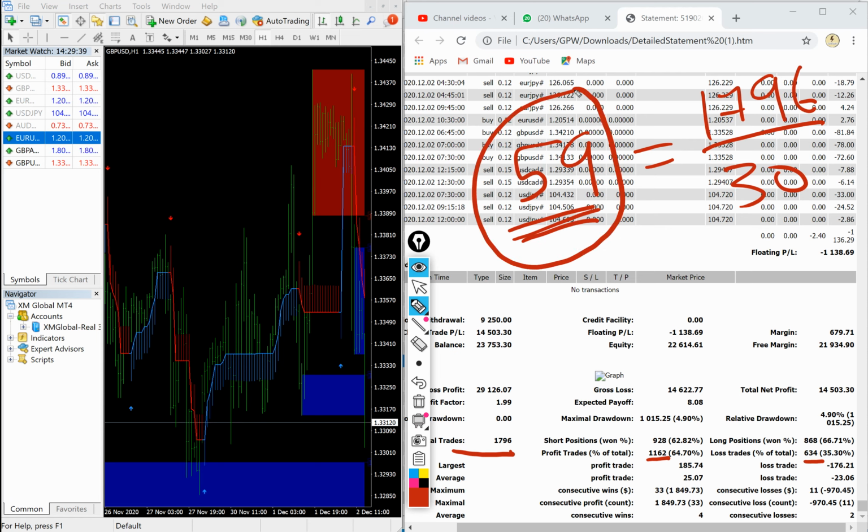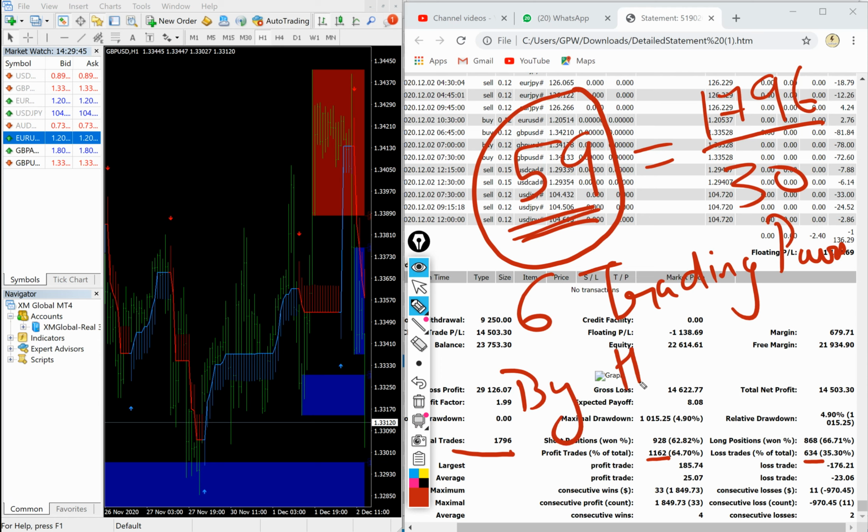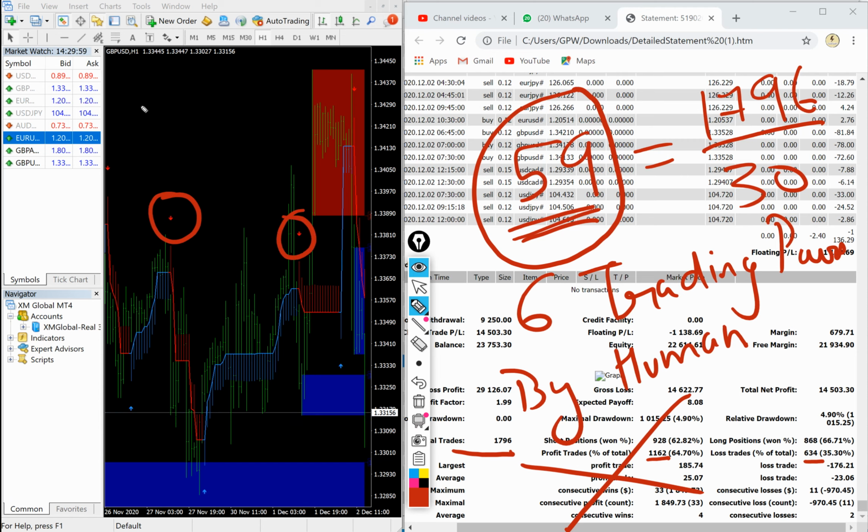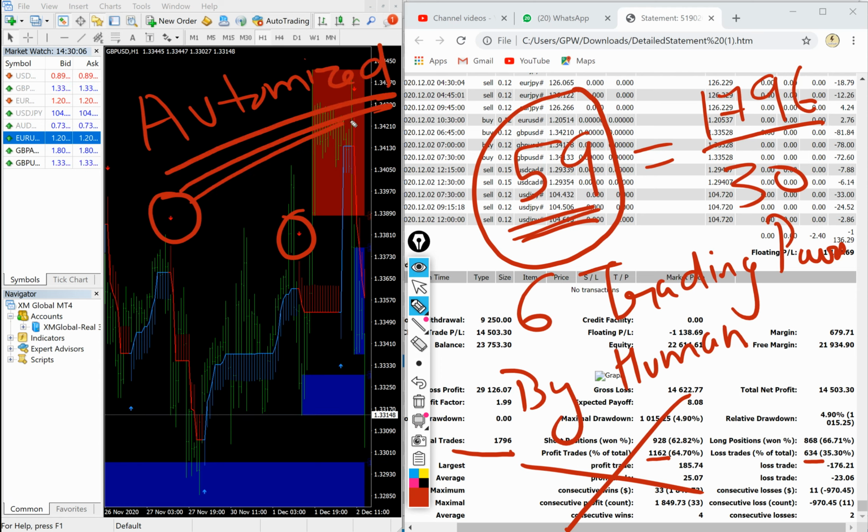Placing 59 trades per day in 6 trading pairs by a human is not possible. So you can imagine that an automated system is used, and to apply the same automated system in your MT4 account, ask our executive.